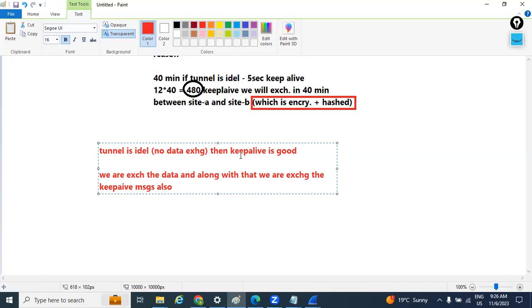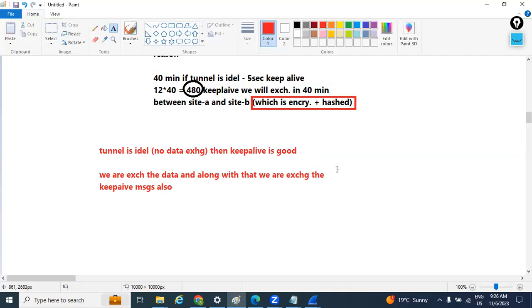So do you think, guys, in the second scenario, we need any kind of keep alive messages? Because see, I'm asking you something, you are continuously replying, the conversation is going on, but in between, again and again, after every 5 seconds, I'm asking, hi guys, are you there or not? So this is kind of irritating, right? These are unnecessary messages.